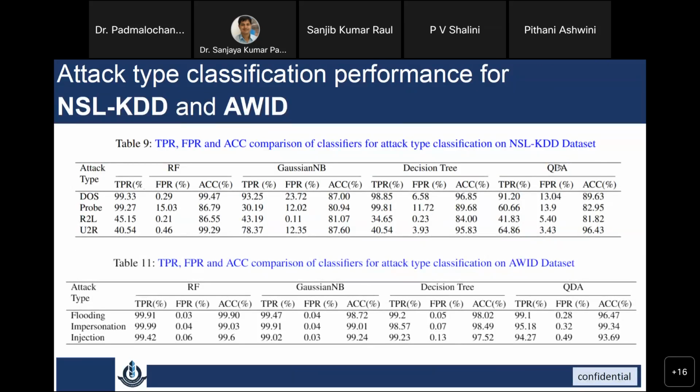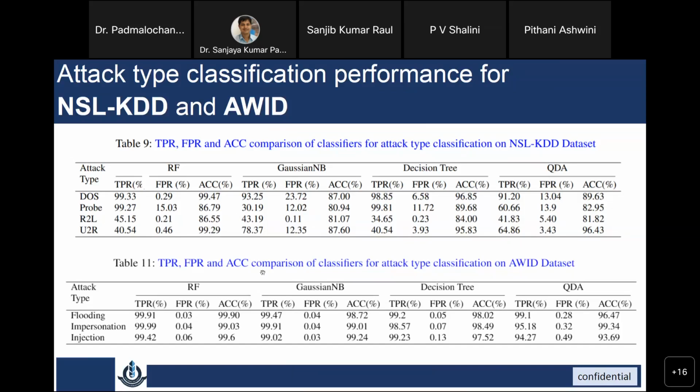Let's say QDA on NSL KDD: for R2L attacks, the accuracy is a little less in all the cases. This is because of the lack of records for R2L attack types in NSL KDD.